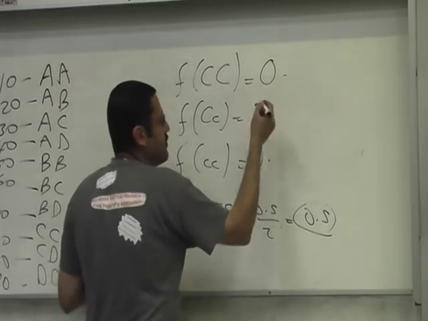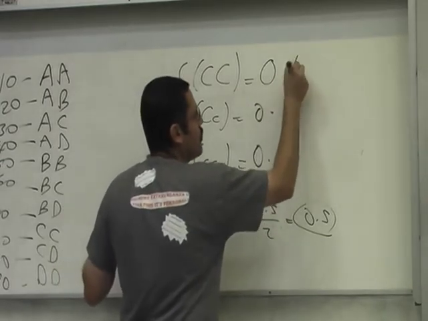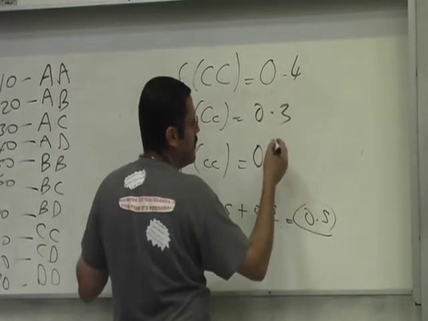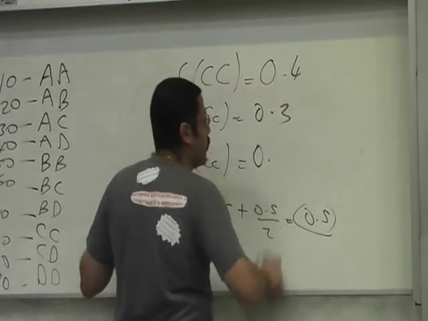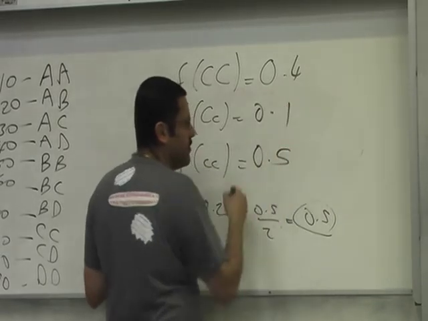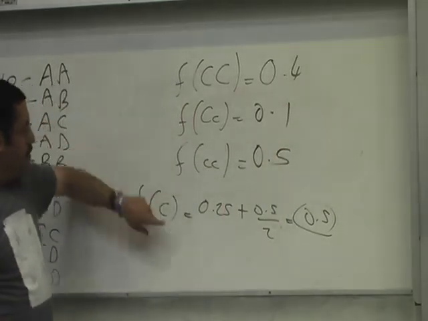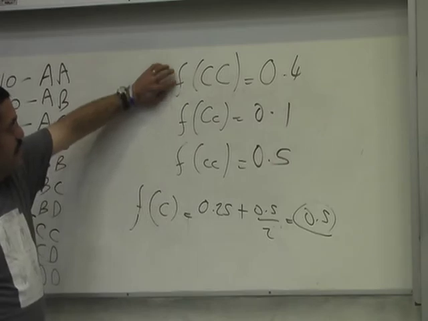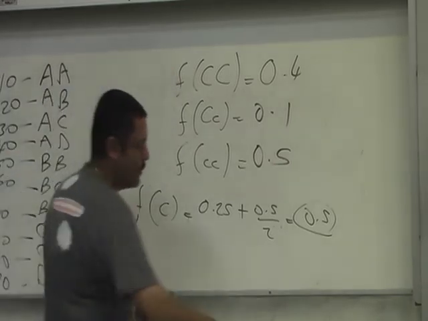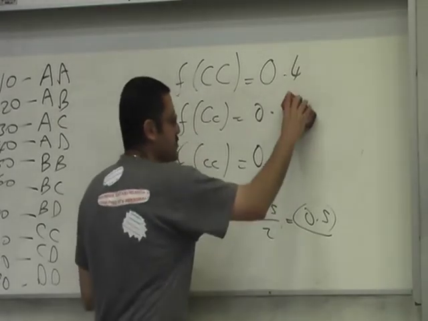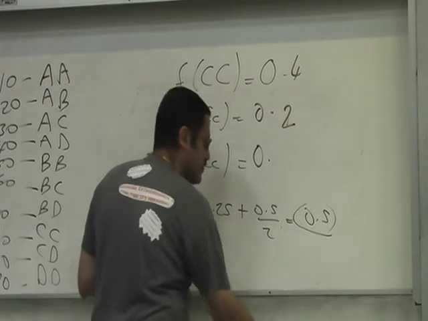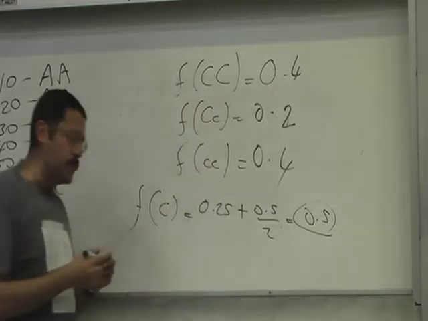Let's say you had a different set, you had 4, 1, and 5. Let's do it to still keep 0.5 here. This is not in Hardy-Weinberg equilibrium.